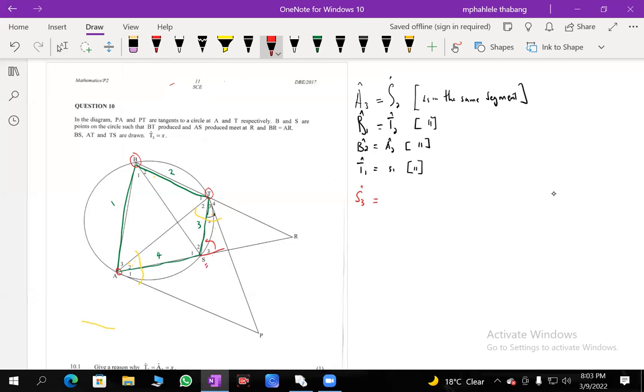Remember, S is opposite to B. So angle S3 is equal to angle B1 plus B2, the whole B. The reason: exterior angle of a cyclic quad equals the opposite interior angle.